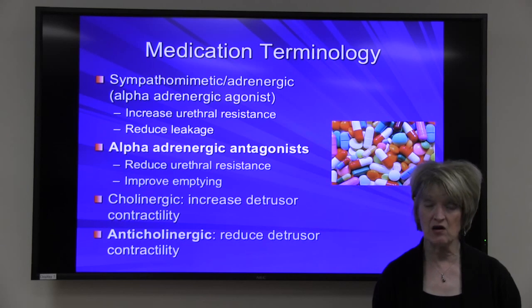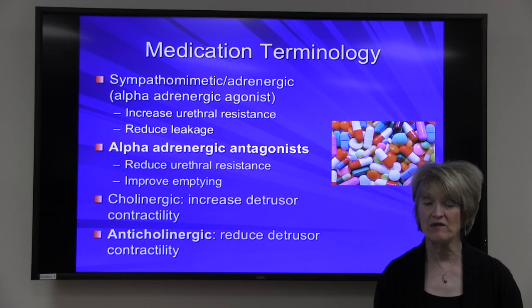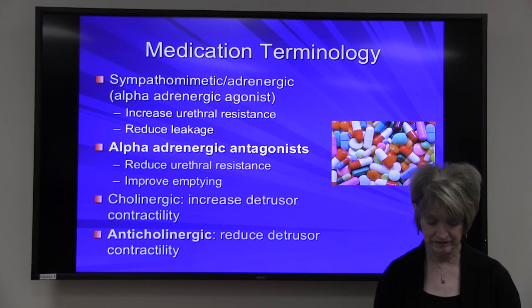And there have been cholinergic agents introduced in your handout. Bethanechol, urocholine is mentioned. However, none of these medications have proven effective. So we do not routinely use cholinergic agents. If we get an effective cholinergic agent, there are definitely patients who could benefit.